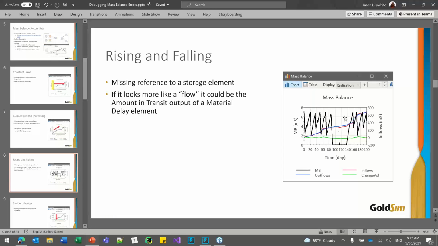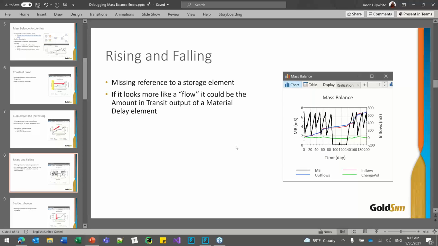If the line is moving up and down with what appears to be some sort of bound, and it may not hit 0 because you could have a combination of things that have gone wrong, but with just missing a storage element, and this could be a storage from a delay or storage from a pond.